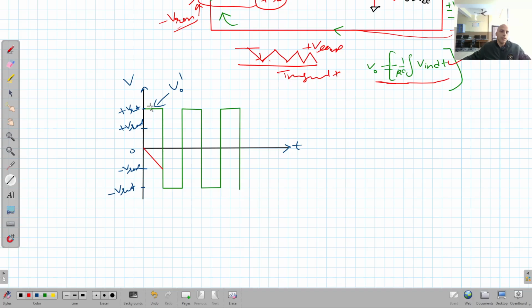You can see when the output V output dash was in positive saturation, the output of this integrator, V output, is a negative going ramp. Now when this tries to go below this point, you can see from here, at this point it is maximum.